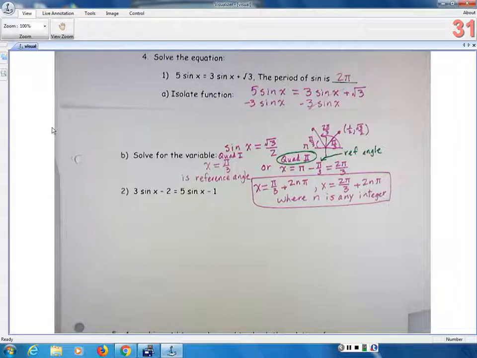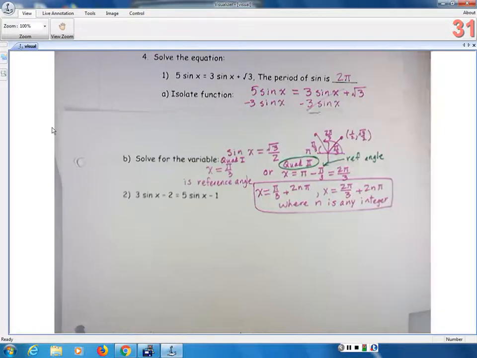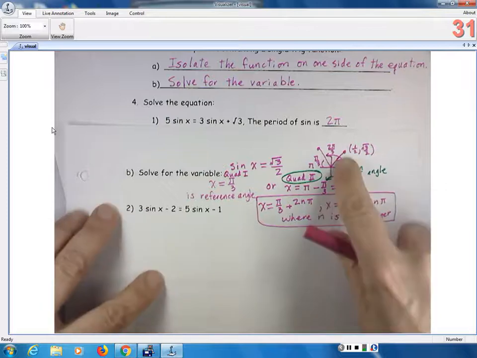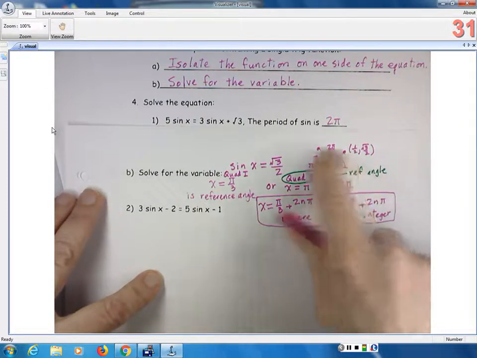Why did you do the 2n pi? Where did that come from? Oh, the 2n pi. Because it's a period. I remember when I wrote the period of sine down, you probably wondered why I wrote that down. We get the 2 pi from the period. It repeats itself every 2 pi. So if you are here and you go around another 2 pi, you're here.